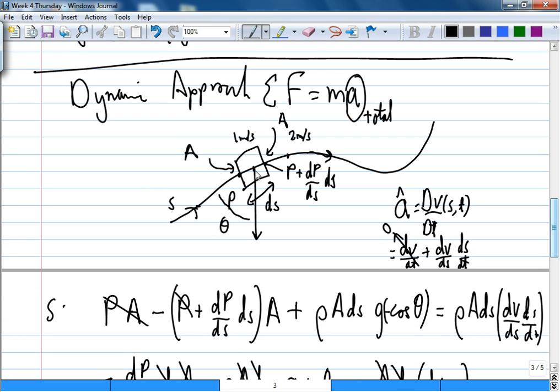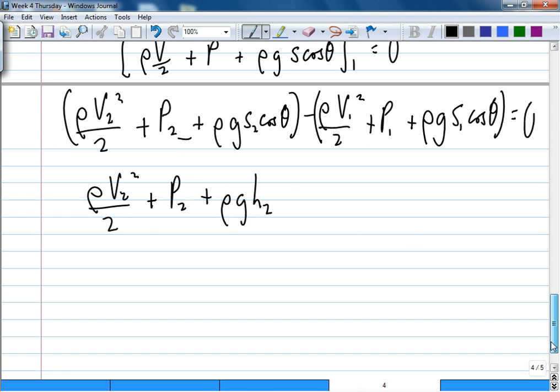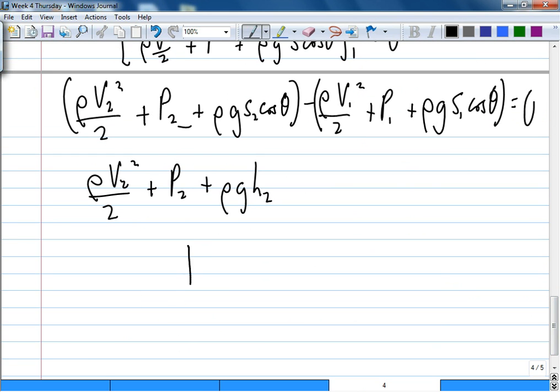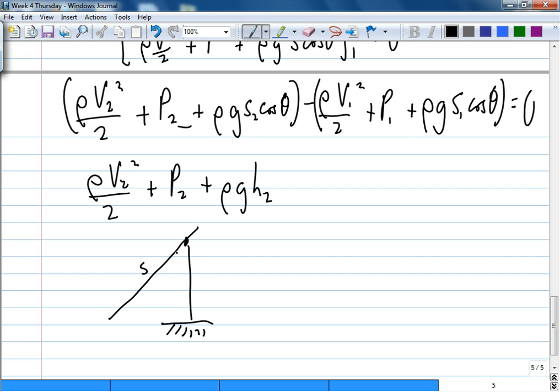Let's say s is some distance. If this was the datum, this was say s, this is h, and this is cos theta. s2 cos theta is just h, the elevation.